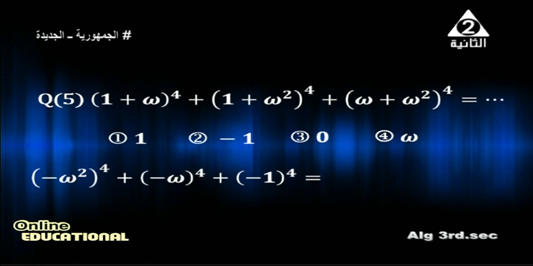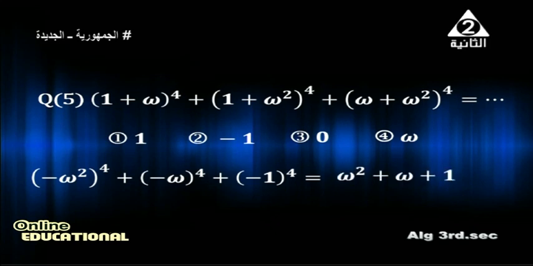Negative omega square to the power 4 is omega to the power 8, which is omega to the power 6 times omega square, and omega to the power 6 is 1, so the answer is omega square. The first term. Negative omega to the power 4 equals omega to the power 4, which equals omega power 3 times omega, and omega power 3 equals 1, so it is omega. Negative 1 to the power 4 equals 1.